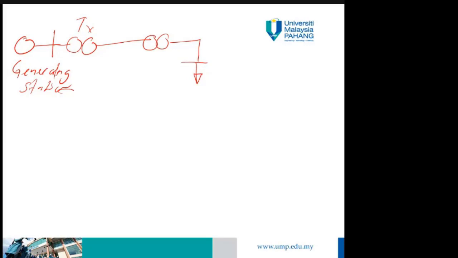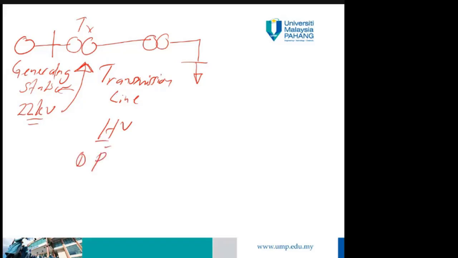So usually power is being generated up to 22 kilovolts, and then we have to step the voltage up to a certain level. And then we have transformer. Usually for the transmission line, we use high voltage transmission system. Why we use high voltage transmission? We use high voltage to reduce, one, power loss.